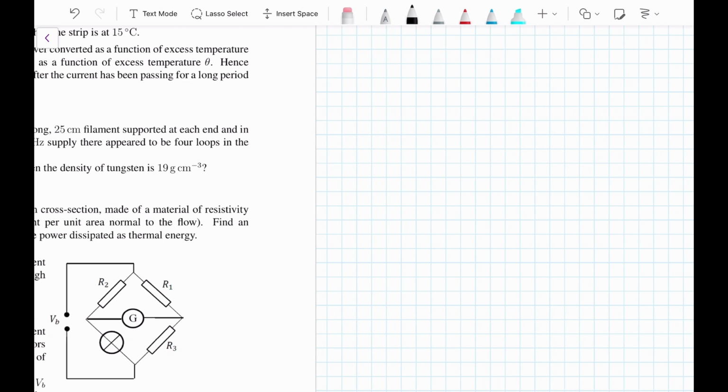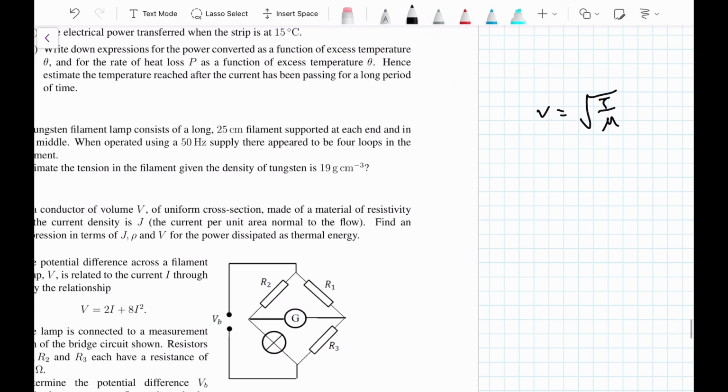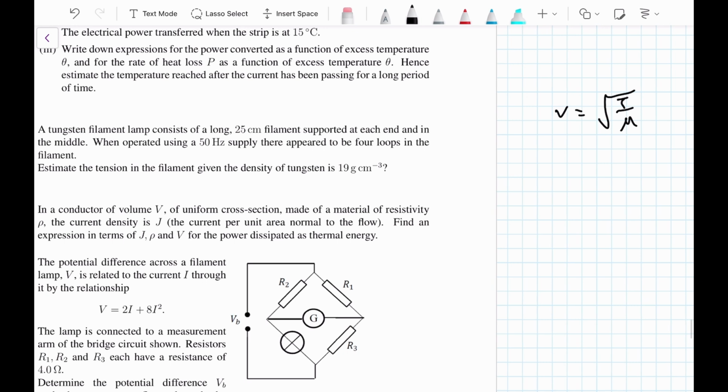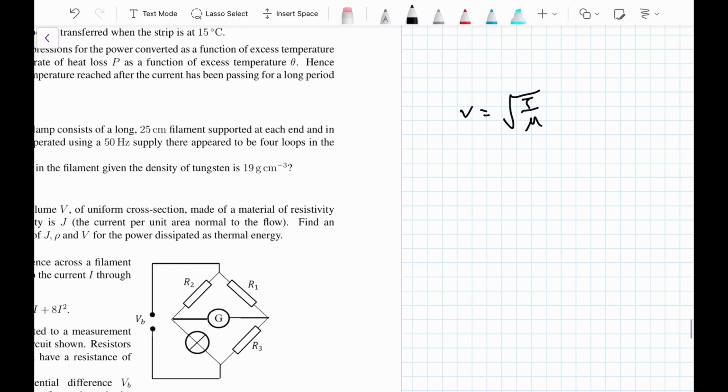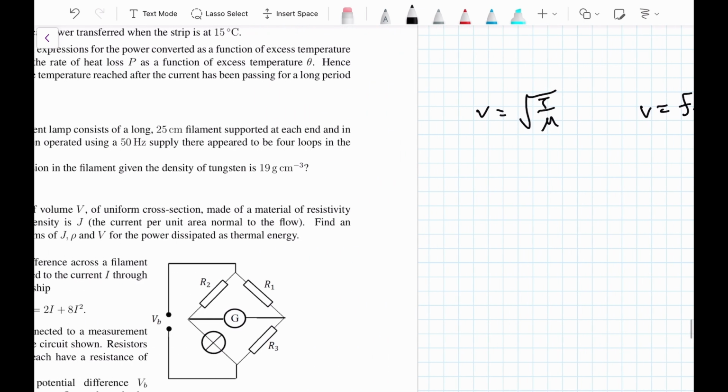What we know for a string is that velocity is equal to the square root of the tension over the linear density. The question wants us to estimate the tension, and for the velocity, we can link it to the equation v = fλ, and we can get both f and lambda. So the only unknown in this case is the tension, and then we can calculate the linear density as well.